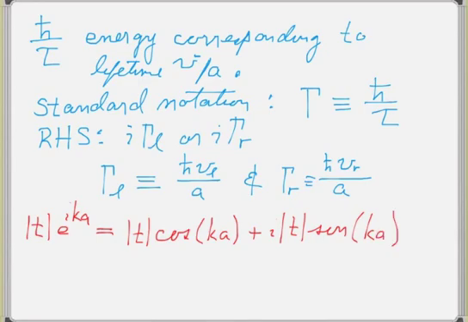And everything really should have a subscript, L if you're dealing with the upper block, or R if you're dealing with the lower block. I'm just suppressing the subscript. So that's where the subscripts go, and from now on I'm not going to worry about them.